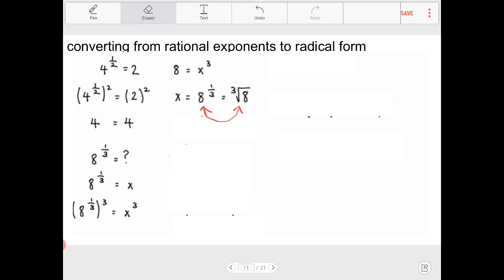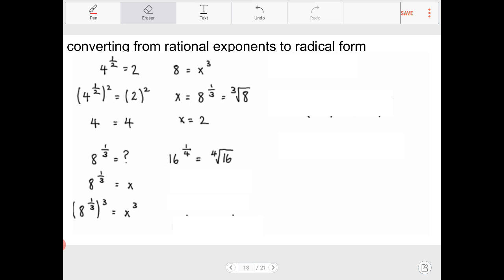Let's try to apply this newly discovered idea with another example. Suppose we forgot to evaluate this. What number, when multiplied by itself 3 times, gets us 8? That number, of course, is 2. Let's try to apply this to another situation. If I have 16 to the 1/4, that would be equivalent to the 4th root of 16.